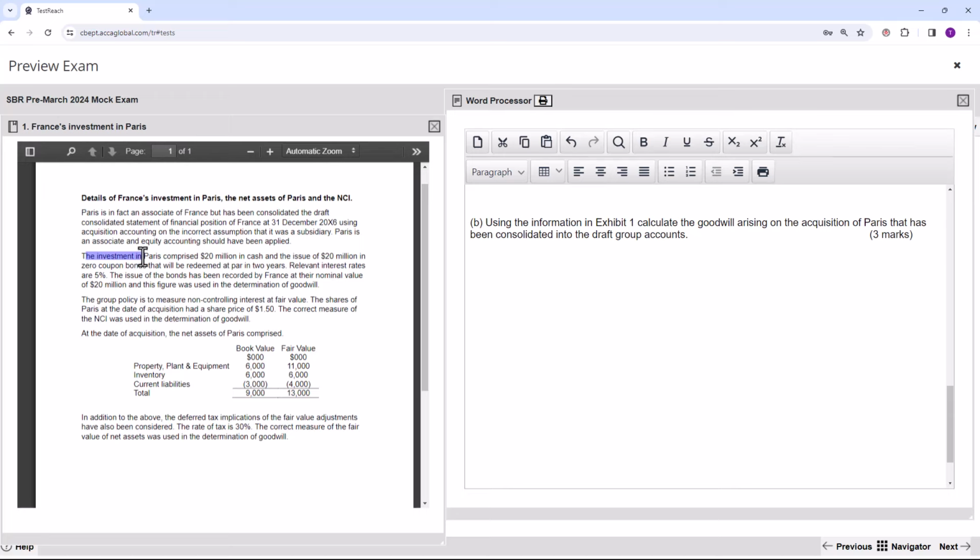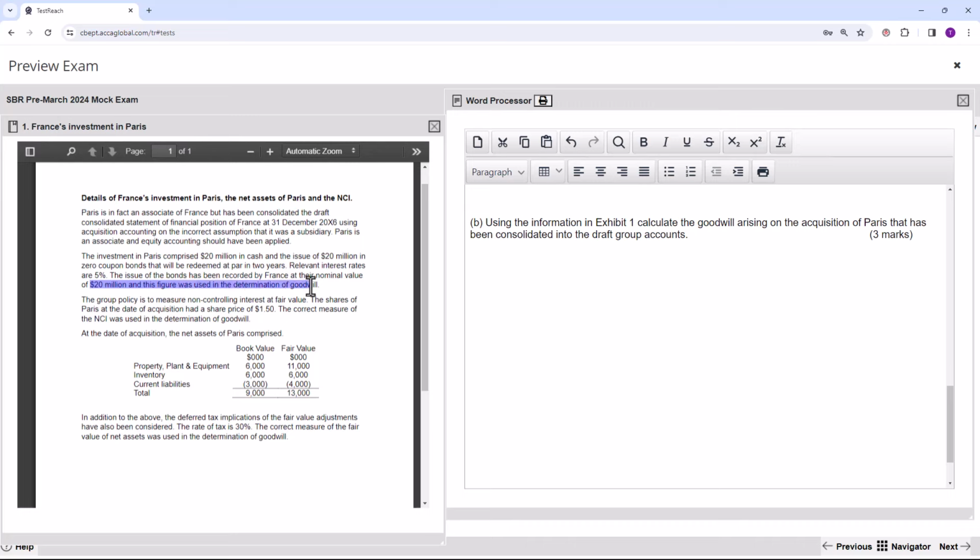The investment in Paris is 20 million cash, 20 million bonds, redeemable in 2 years. Now, there's something funny about these bonds because they're zero coupon bonds. We'll come back to that later. But the 20 million for the bonds, this is the figure used in the calculation of goodwill.